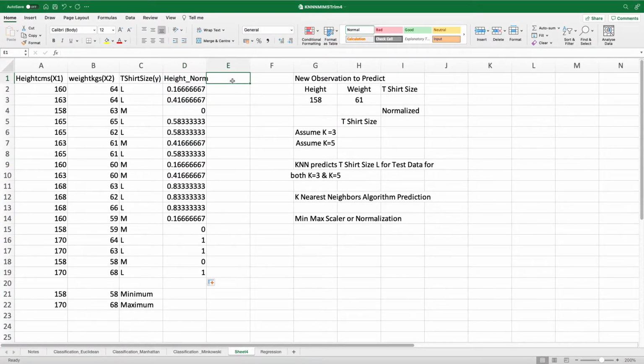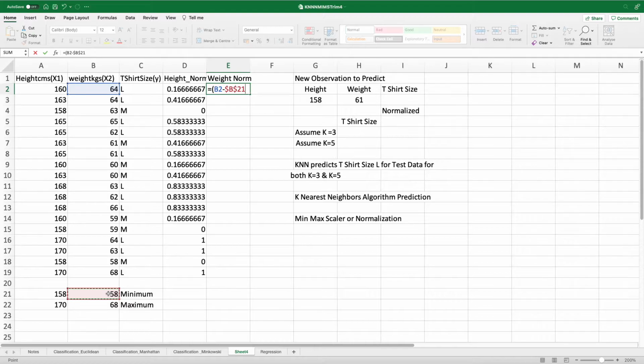Okay. Similarly, weight norm. We will calculate weight norm is equal to open bracket weight minus min of weight, fix it by pressing F4, divided by open bracket max, fix it by pressing F4, minus min, fix it by pressing F4, close bracket.